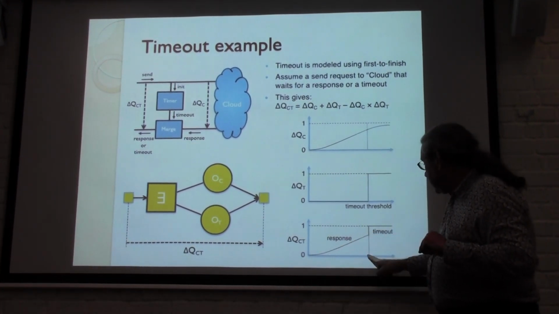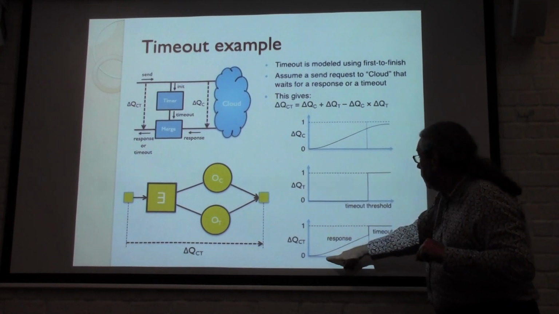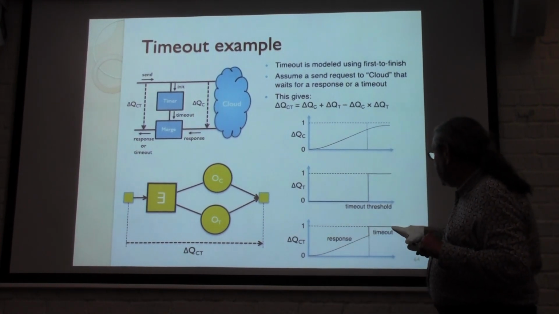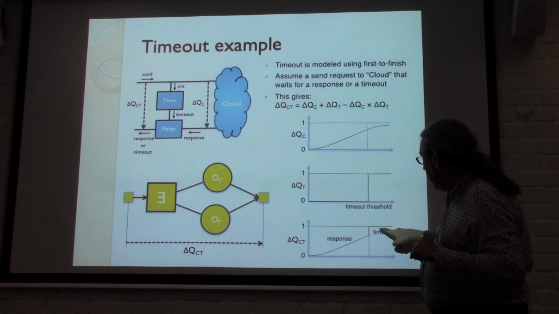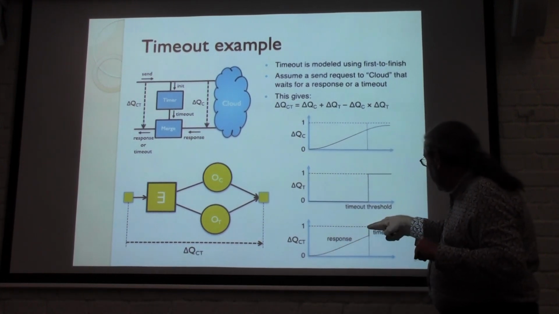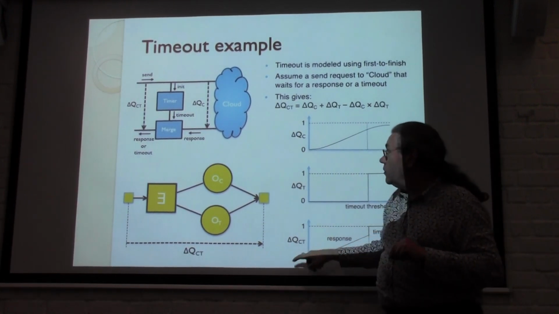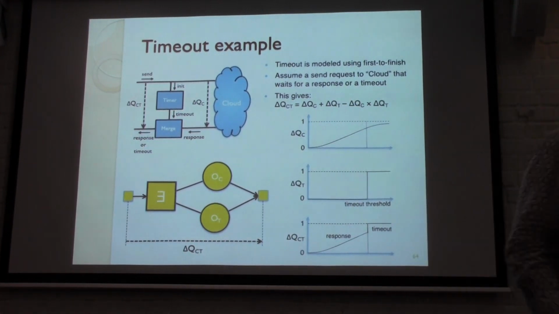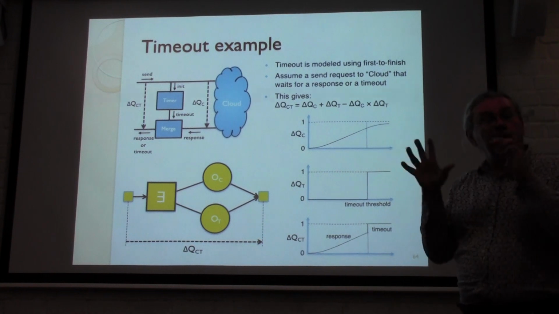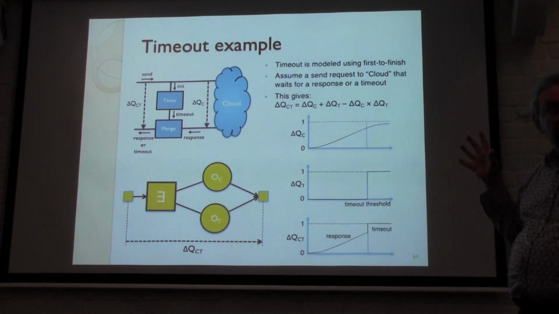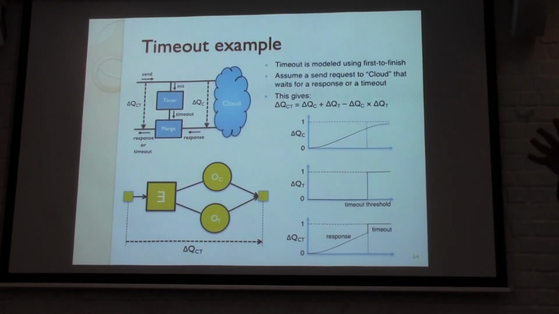That means less than the threshold, it's following QC, and above, it's actually timeout, 100%. So the overall delta Q is this, okay? So you can manage timeouts also with delta Qs. It's all part of one variable on the delta Q, okay? So it's neat, huh? I mean, it's a very powerful way of describing systems.